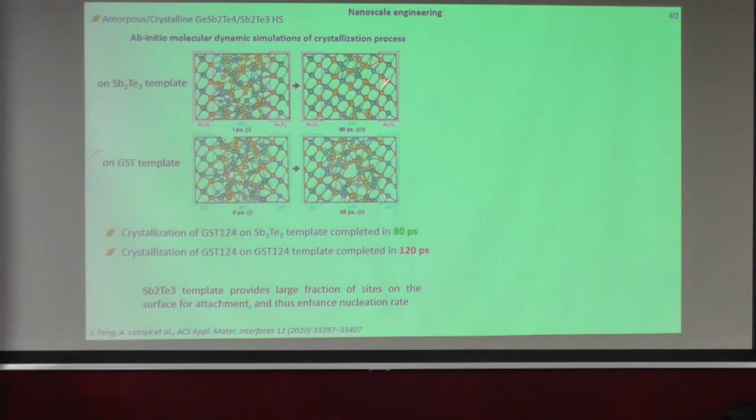Now if we allow our stack to crystallize in the computer, and we run it for two different systems, we find that crystallization using the antimony telluride template proceeds faster.